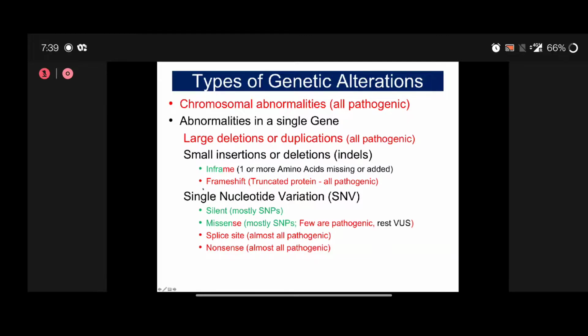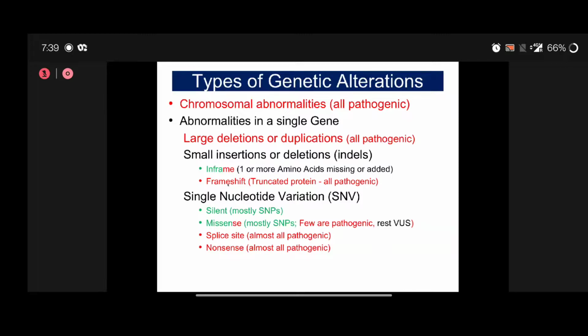Whereas it's a frameshift insertion or deletion. Frameshift means the reading frame is changed, and as a result, somewhere down the line, a stop codon is introduced. Whenever a stop codon is introduced, then during the process of transcription and translation, the whole protein will not be formed. It's a truncated protein. Just imagine a machinery with major parts missing, it will not function.